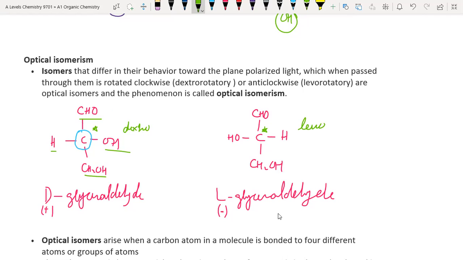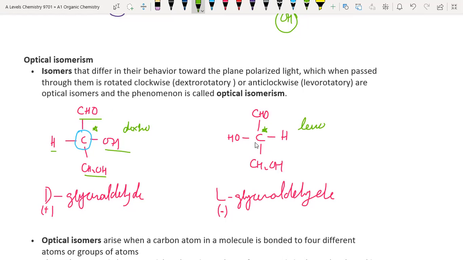Now there is a question: how will we decide which compound would be dextrorotatory or which would be levorotatory? For determining this character, we have to arrange these groups in a sequence. Then we have to note whether that sequence is anti-clockwise or clockwise.